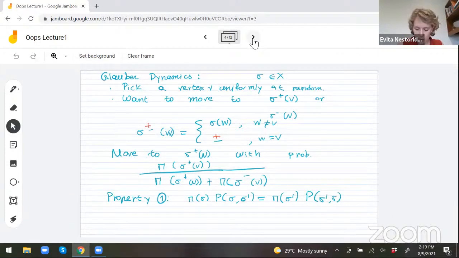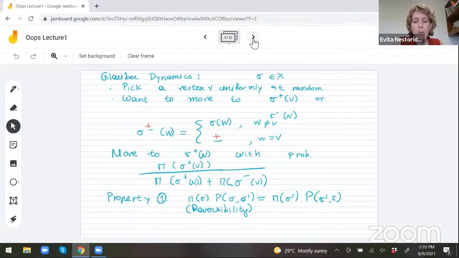And whenever we have this property called reversibility, then pi is a stationary measure. So because we are also aperiodic and irreducible, we will converge to pi. So certain properties of the Markov chain will pass on to the measure.